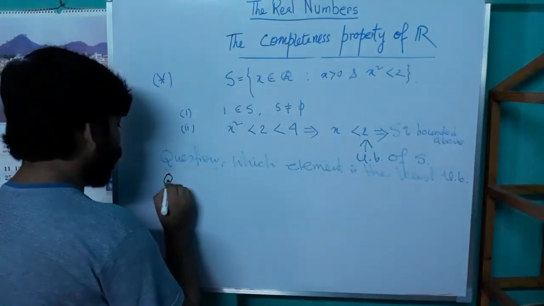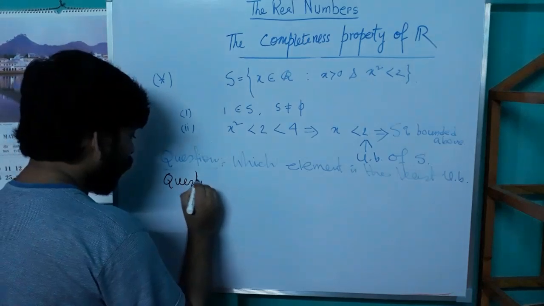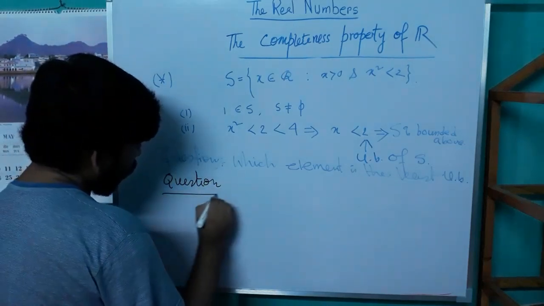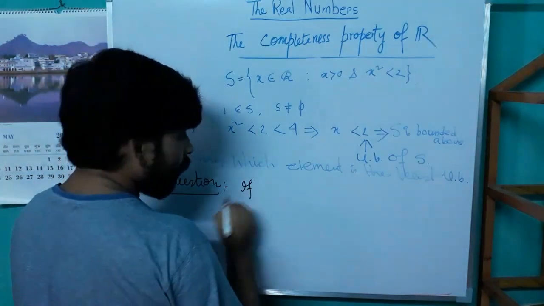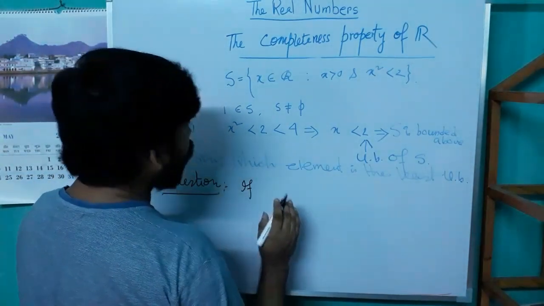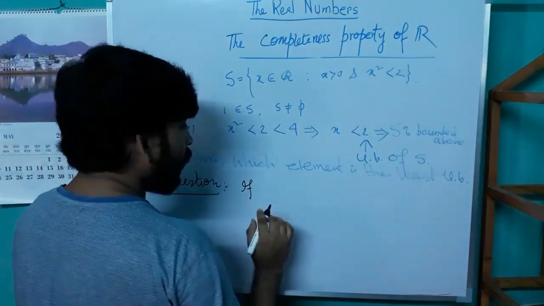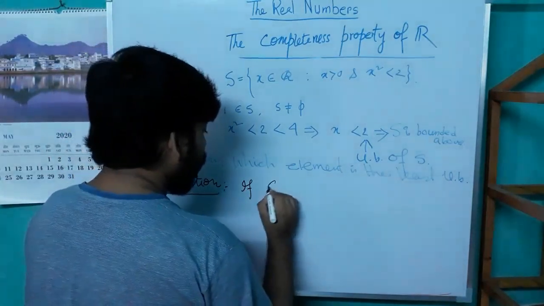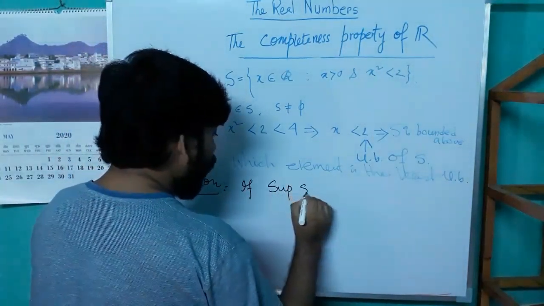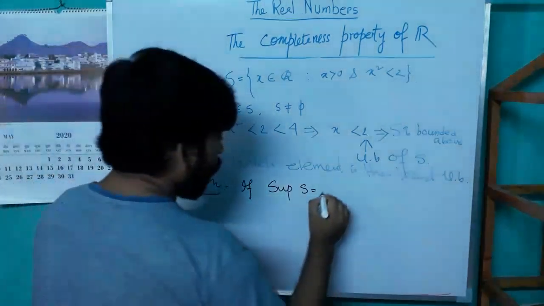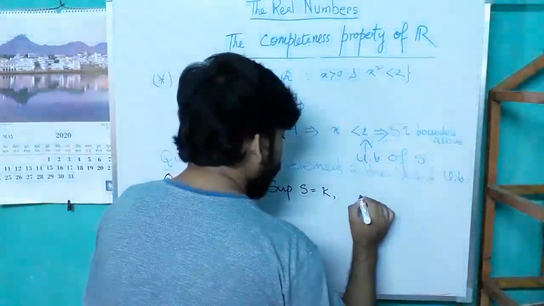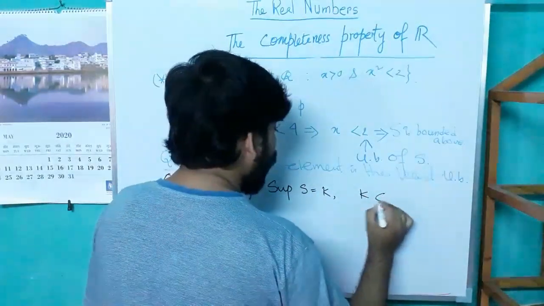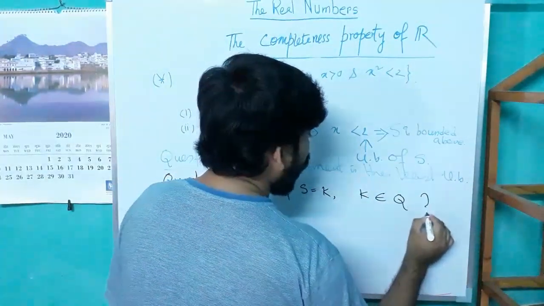Next question: if the least upper bound of S, that is the supremum of S, is K, then whether K belongs to Q or not.